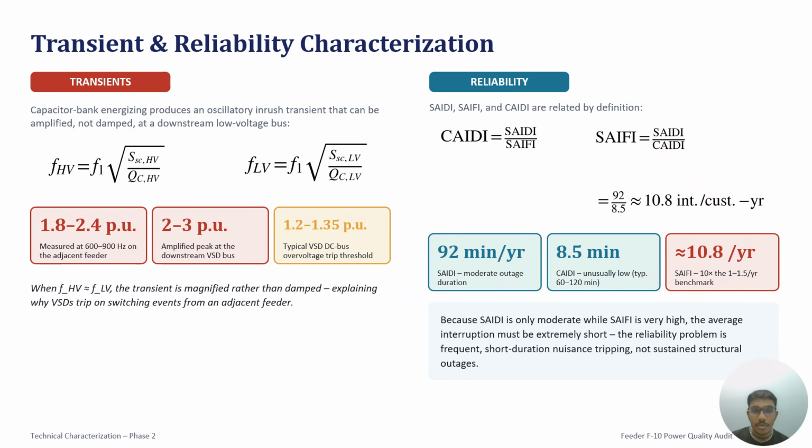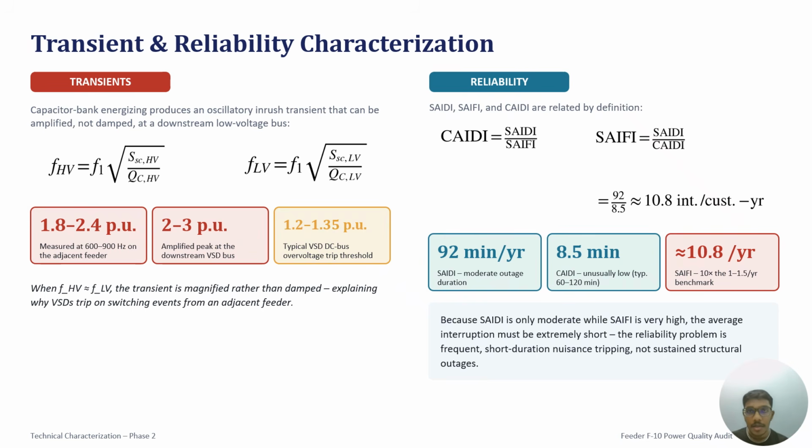Still in phase two, we now characterize the transient and reliability issues. For transients, capacitor bank energization produces an oscillatory inrush, and at the adjacent feeder we measure 1.8 to 2.4 per unit at 600 to 900 Hz.